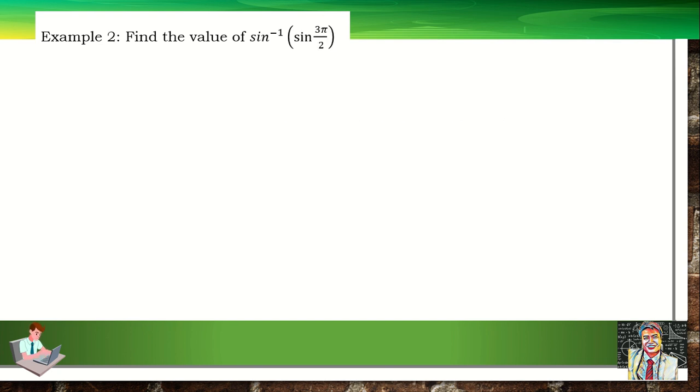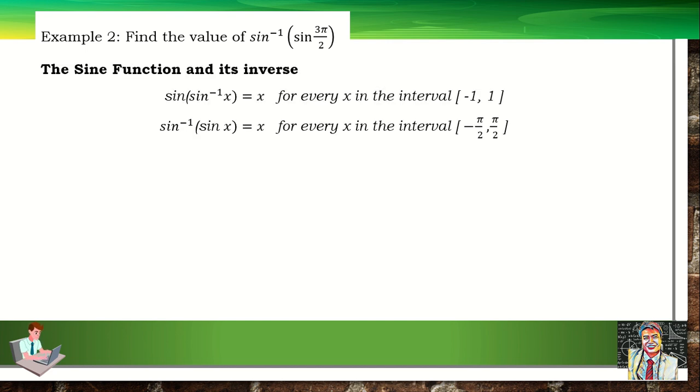How about example number 2? Inverse sine of sine 3 pi over 2. Okay? So, based sa analysis natin, check muna natin alin dito sa dalawang gagamitin natin. Since ang nasa una is yung inverse sine, so yung inverse ang i-consider natin.